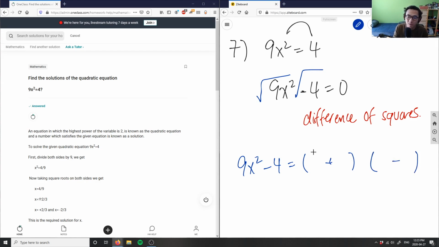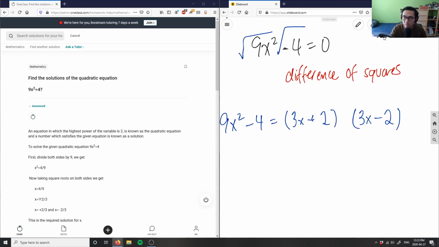If I square root the first term, I have 3x, and then plus the square root of 4, which is simply 2. So I've found my factors here, and this equals 0 as well. So I have 3x plus 2 and 3x minus 2.